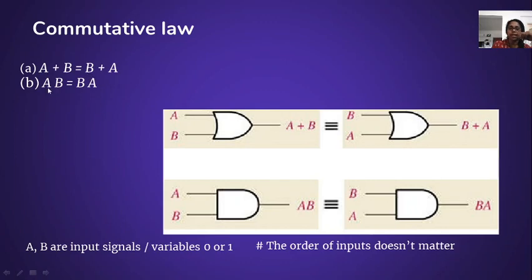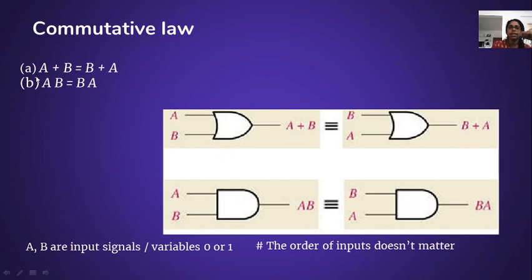The second commutative law is regarding the AND operation, or logical product operation: A and B equals B and A. Here in this diagram you can see how we can represent the commutative law in the logical circuit.